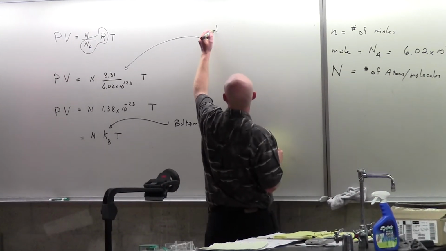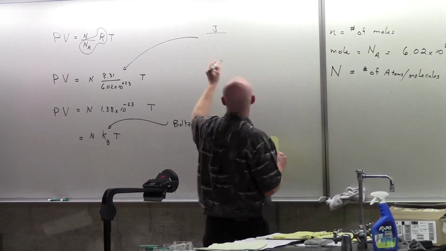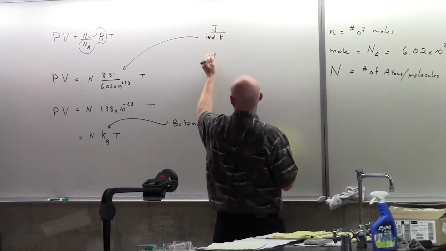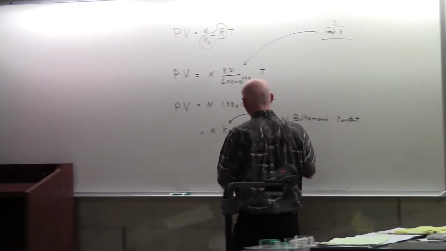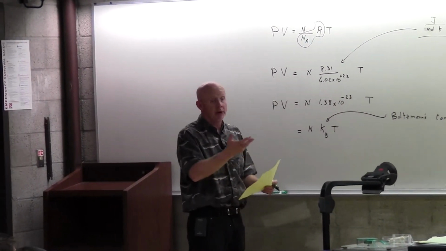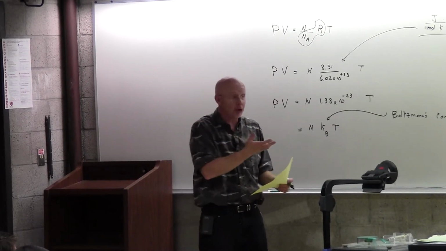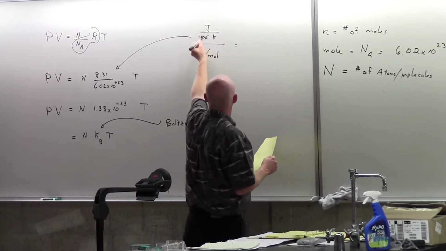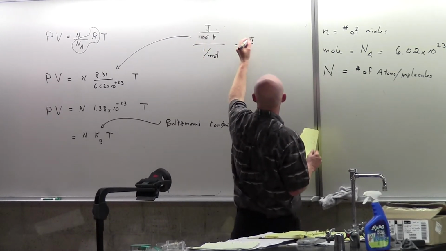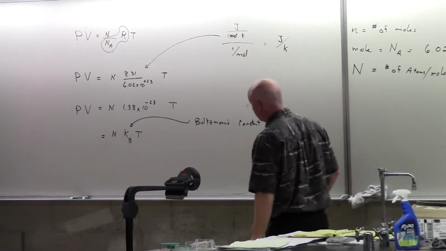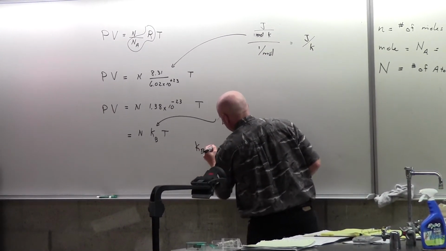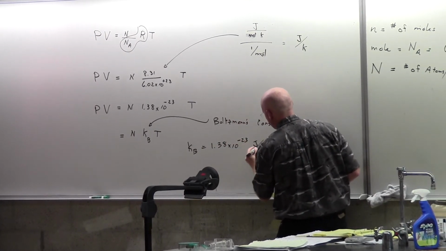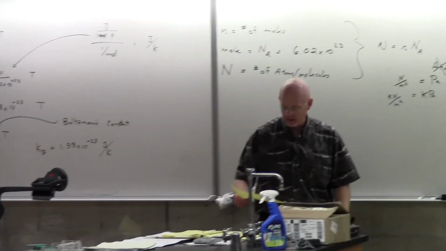So this is really a joule per mole Kelvin. Down here, this is the number of atoms, so it's just a number per mole. So we'll call it per mole. The per moles cancel off, and you get joules per Kelvin. And so Boltzmann's constant is 1.38 times 10 to the minus 23 joules per Kelvin.